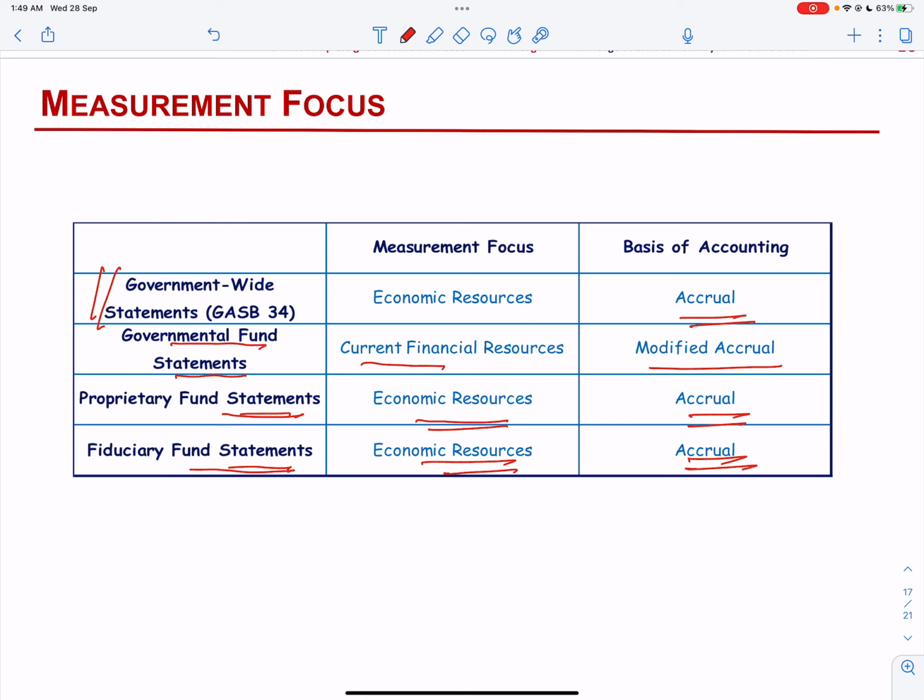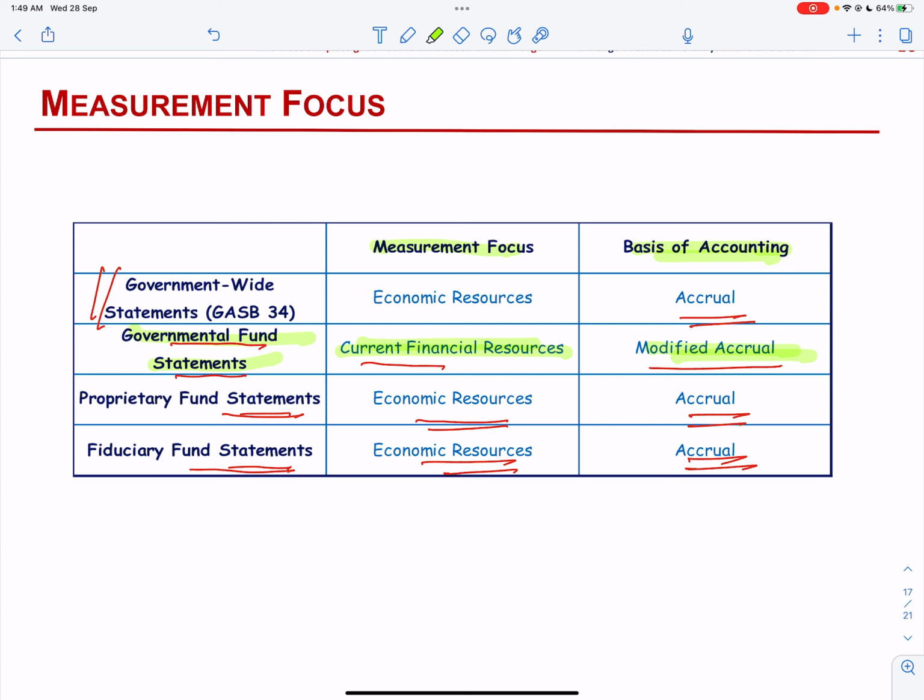So the governmental funds use modified accrual basis as the focus is on current financial resources. Measurement focus is closely tied to the basis of accounting.